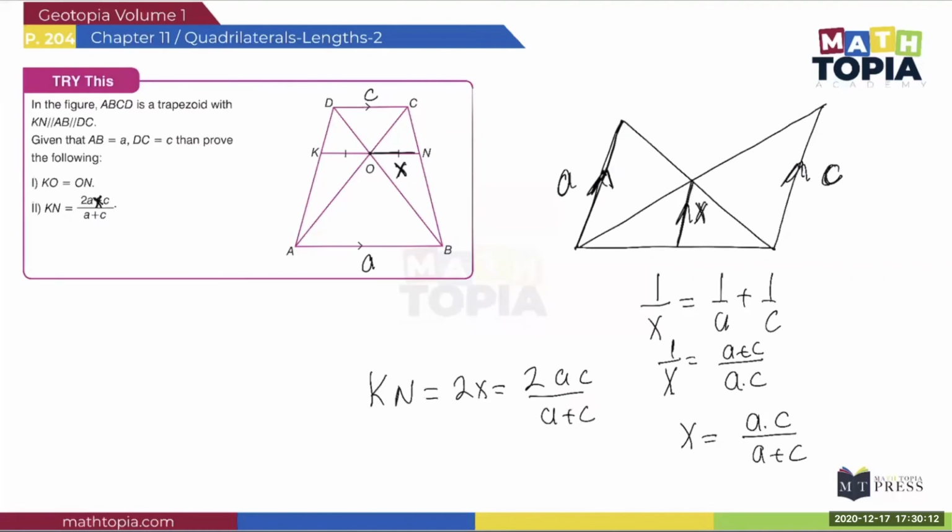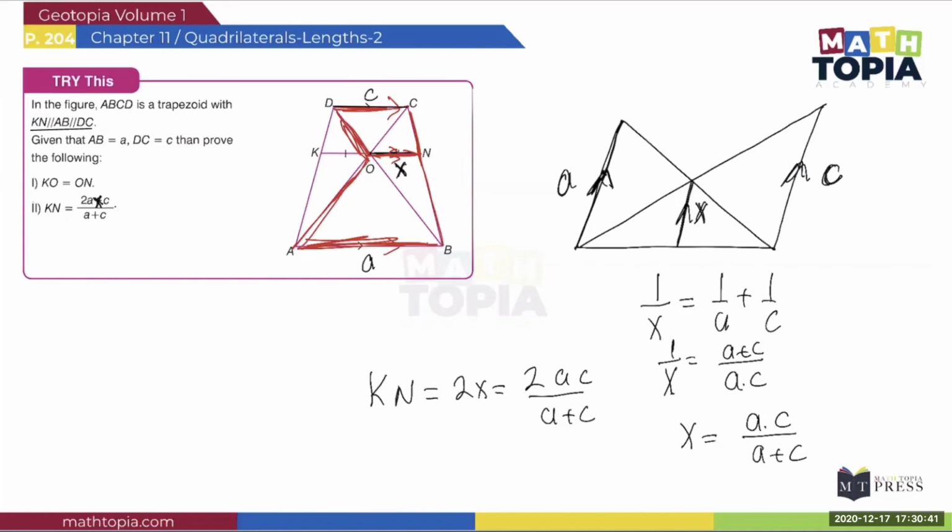So how do I see, Andrew, this figure from this trapezoid? Yes, well, we can see c is parallel to a. It says in the diagram KN is parallel to AB, which is parallel to DC. So all three of the lines are parallel. And we have the same shape of the two triangles and the intersection point. So we can declare that it's x.